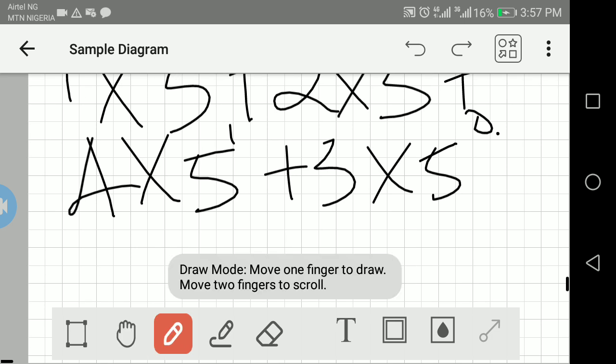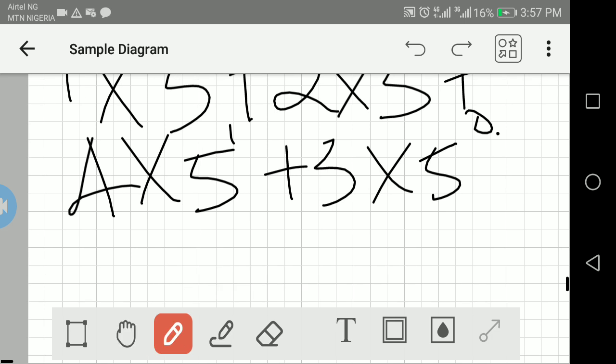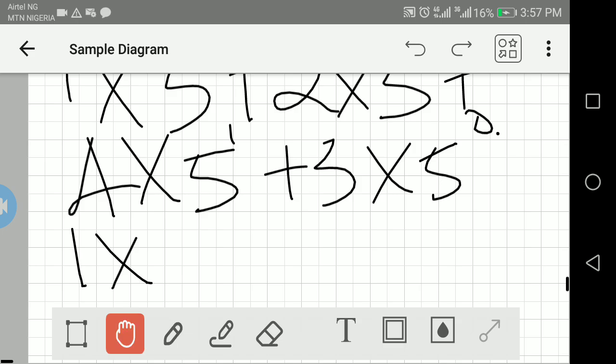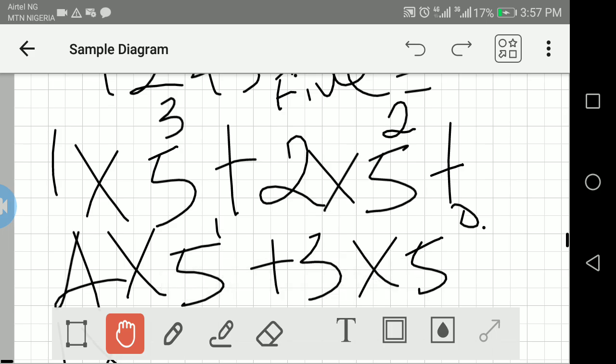All right, now let's simplify that. We have expanded, let's simplify now. So we have 1 times 5 raised to the power of 3. That's 5 times 5 times 5.